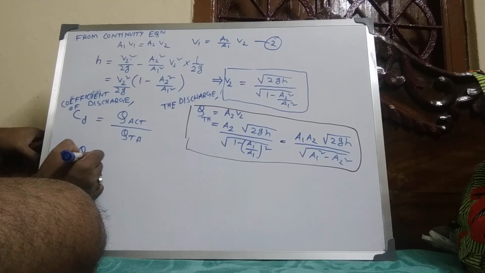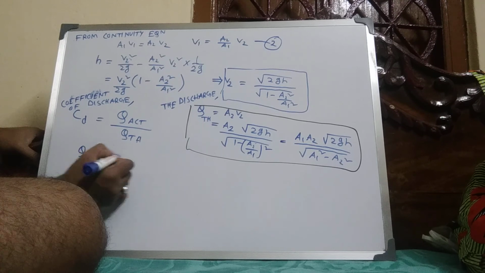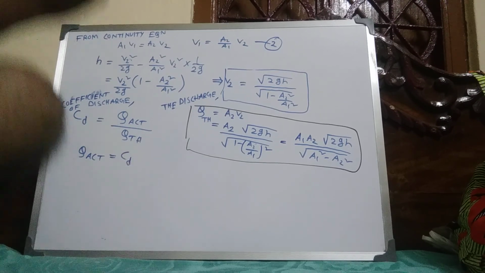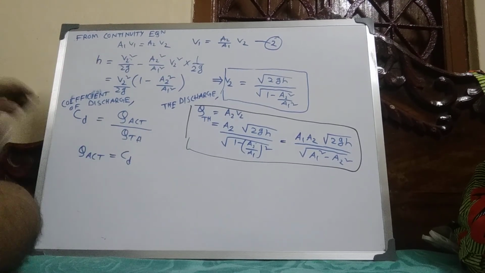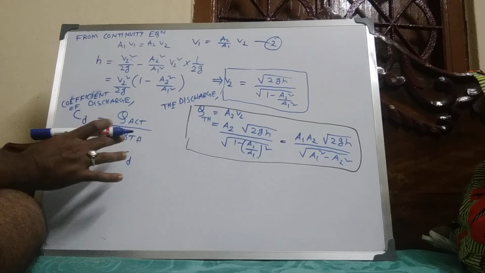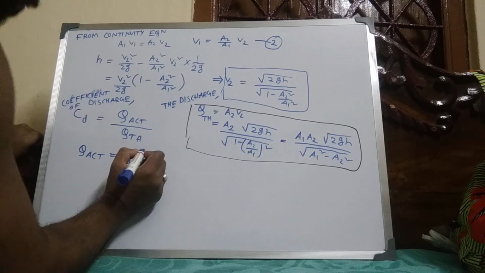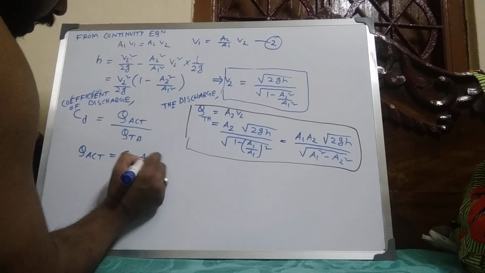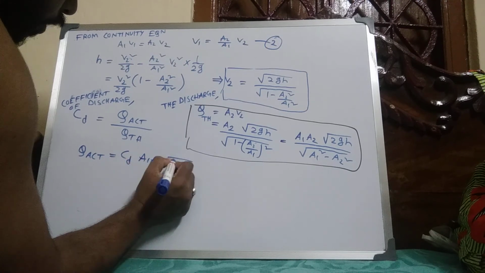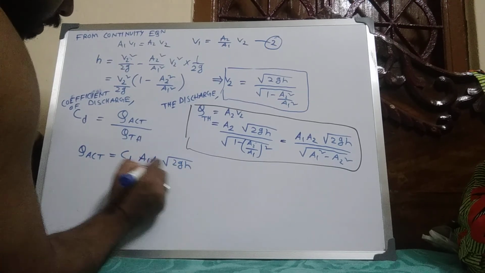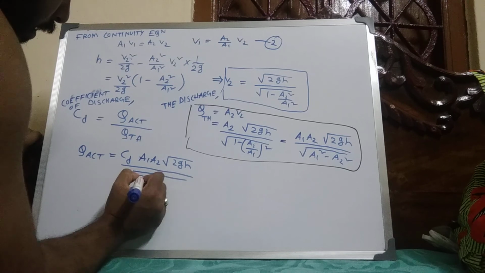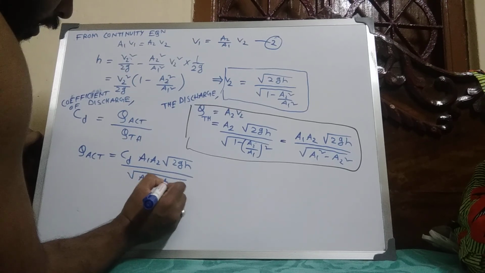So Q actual equal to CD times this value, which is the rate of flow for a real fluid: a1 a2 root over 2gh divided by root over a1 square minus a2 square.